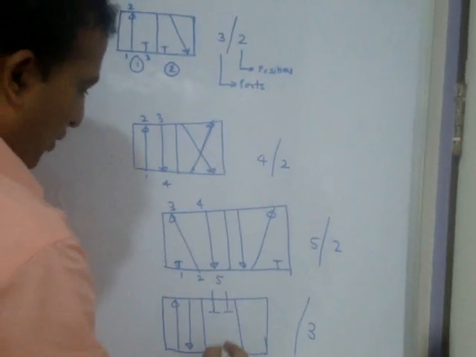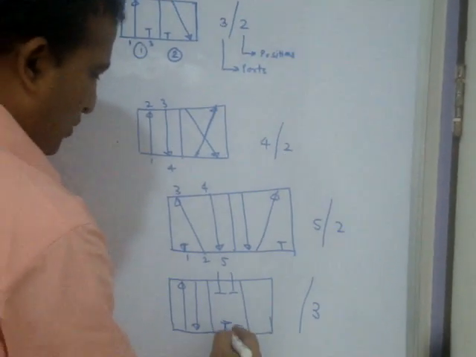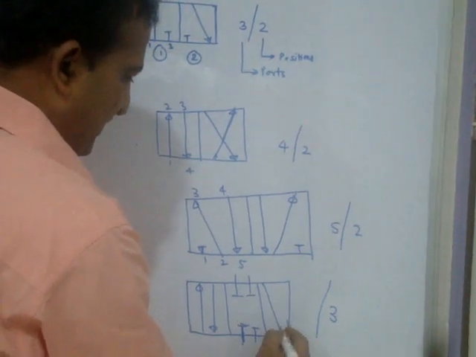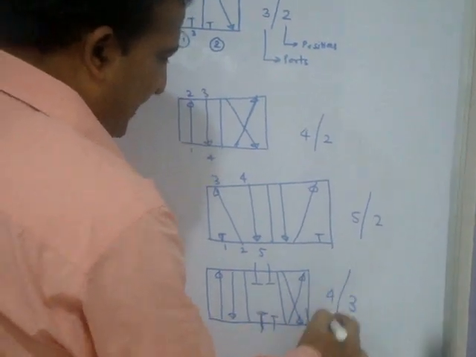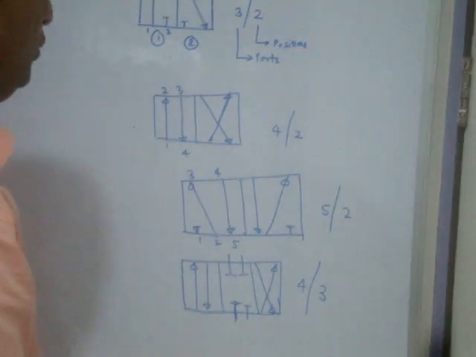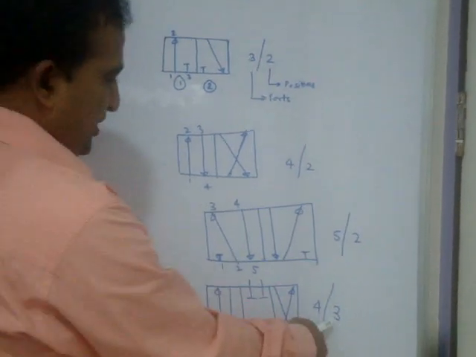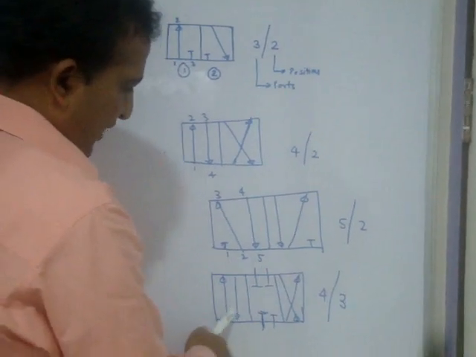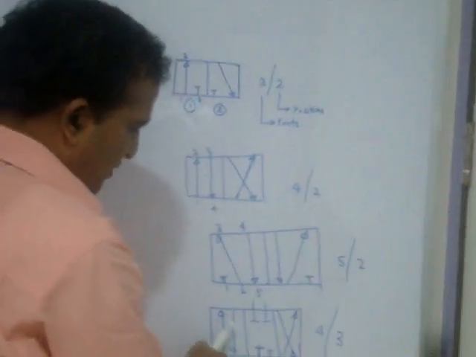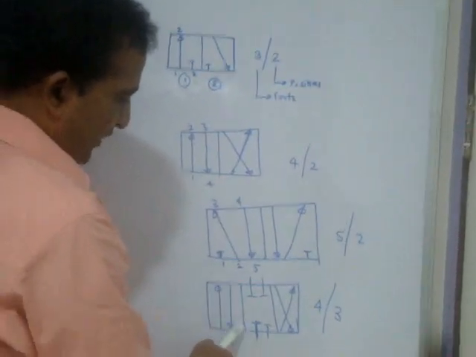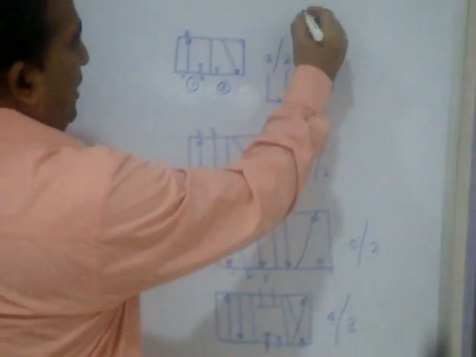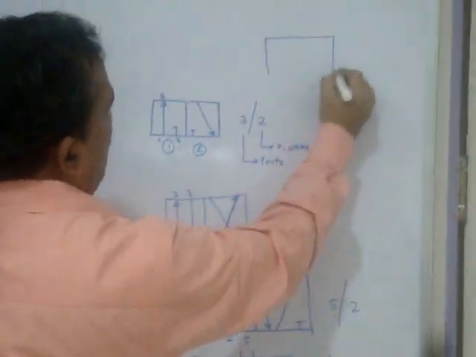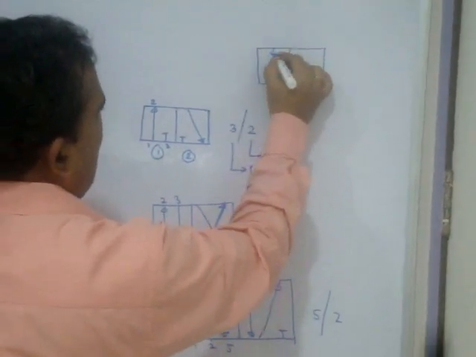Sometimes the middle is off to stop the piston, and this is called 4 by 3. 4 by 3, 5 by 2, 4 by 2. Here 1, 2, 3 positions. In each position there are 4 ports. And one more is called 2 by 2 also.